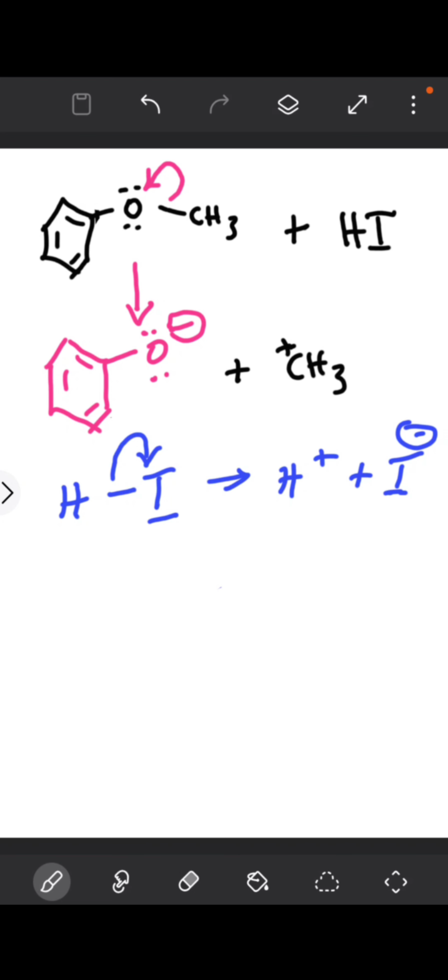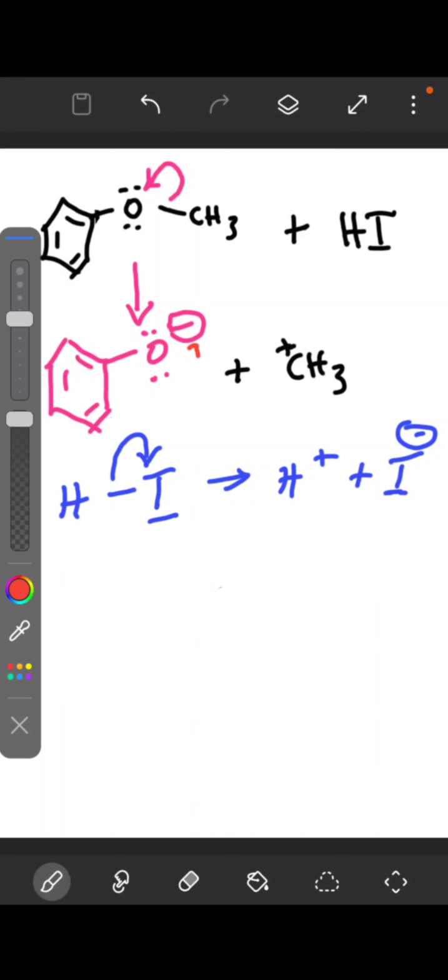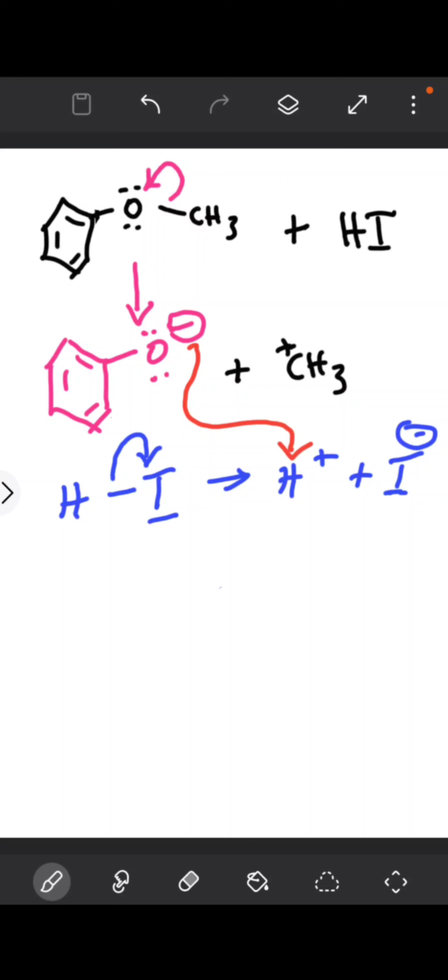Now the next thing is that this electron rich area is going to pick up this proton in the first instance. So we're going to have the benzene ring with the oxygen.